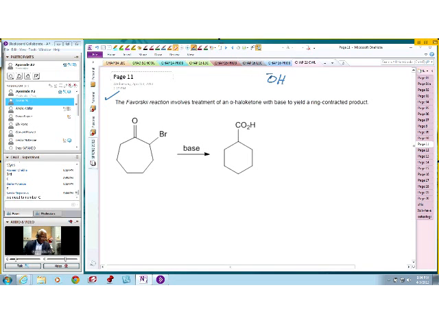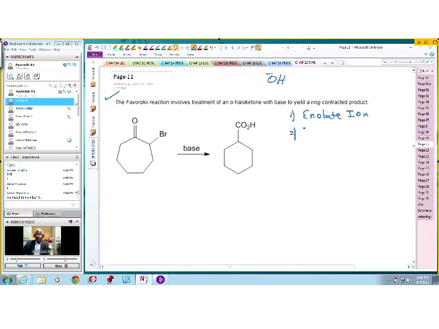Somebody said we need numbers. Yes, very good. I'm going to number the carbons for you. Okay, let us start here. We are going to start with a hydroxide. And then once we do that, we're going to do this. Enolate ion formation. Okay? Then 2.